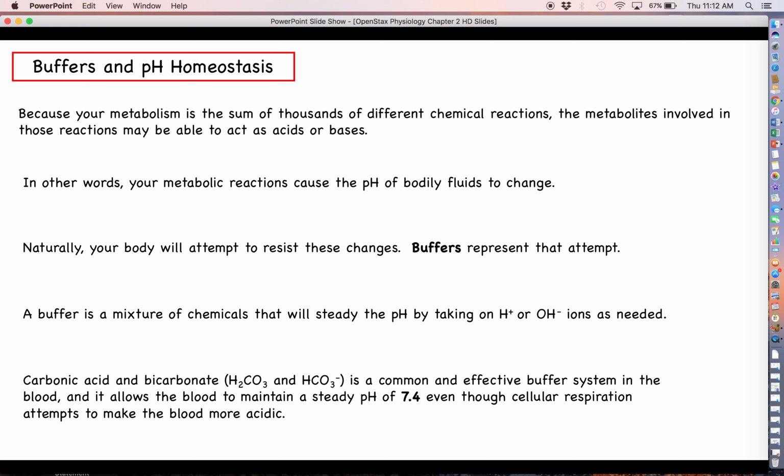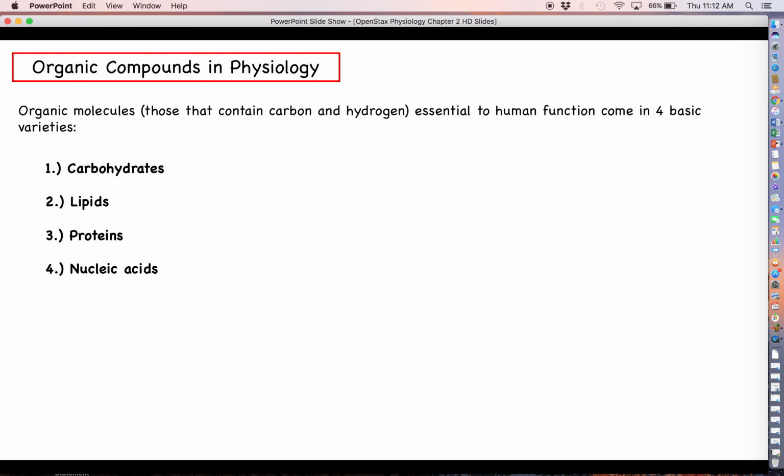Both carbonic acid and bicarbonate ions are present in the blood, and they are capable of absorbing any hydrogen and hydroxide ions that are produced so that we can maintain a homeostatic blood pH of 7.4, even though the constant performance of cellular respiration is always trying to make our blood more acidic. Having this buffer system in place allows our blood pH to stay the same, even though it's always trying to change.